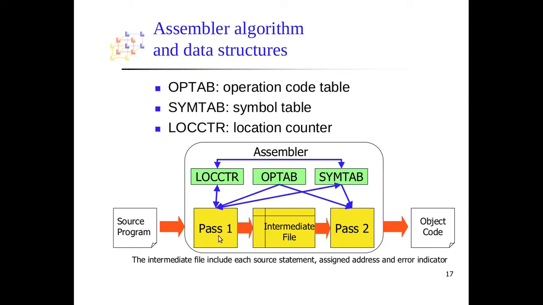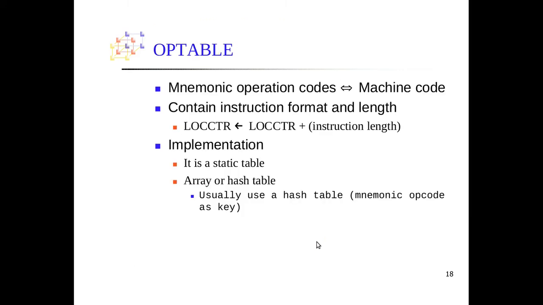The intermediate file includes each source statement, assigned address and error indicator. That is the content of the intermediate file. Then the operation table, or OPTAB, contains the mnemonic operation codes and the corresponding machine codes. It will also contain the length of the instruction and the instruction format.